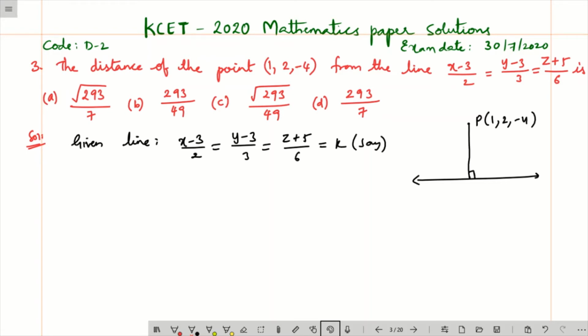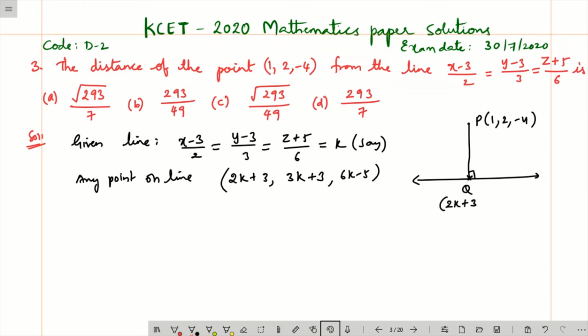So we can say a general point, any point on the line, can be x = 2k+3, y = 3k+3 by cross multiplication, and z = 6k-5. Right, (2k+3, 3k+3, 6k-5) is a point. Let me take this point as Q.